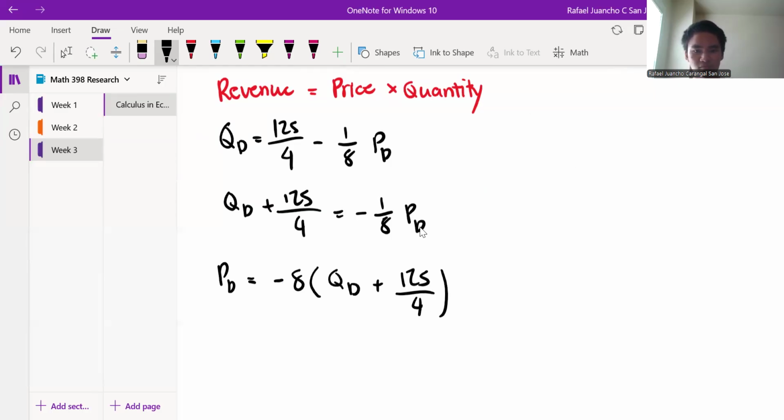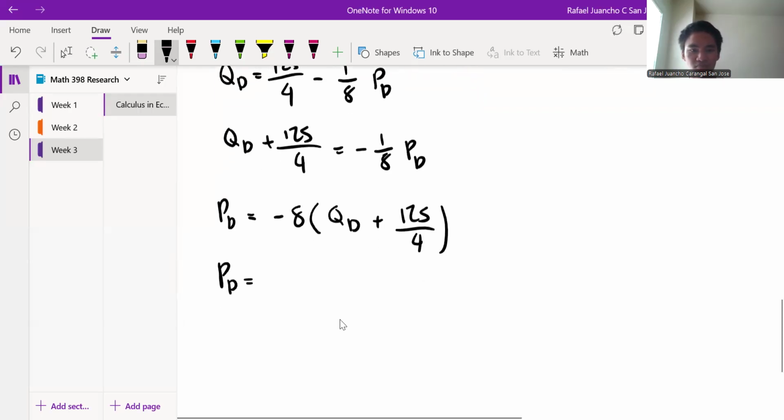And so PD will give us negative 8 of QD, and then we multiply 8 by 125 over 4, which is 250.